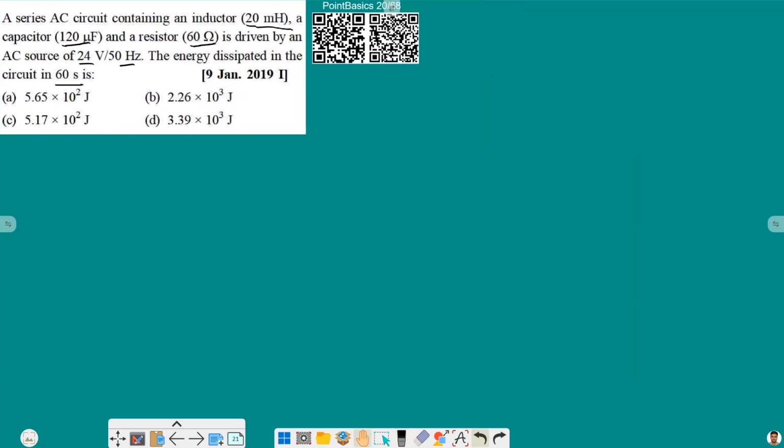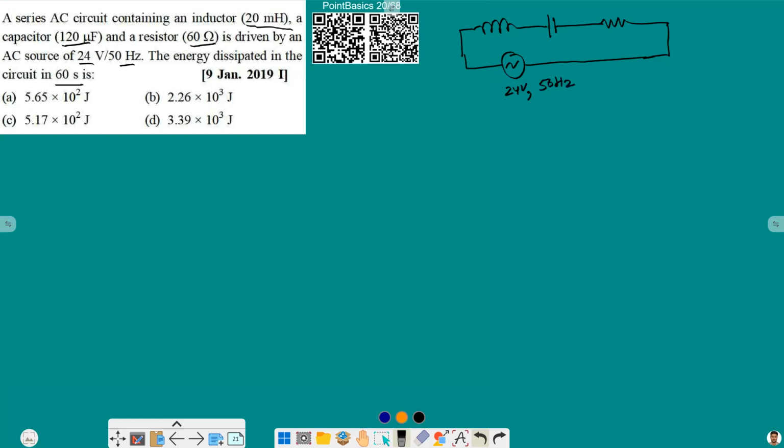So this is a series circuit. So the diagram will look something like this, that we have an inductor, then we have a capacitor, and then we have a resistance, and we have a battery here. Sorry, not battery. It is an AC source of 24 volt and 50 hertz.